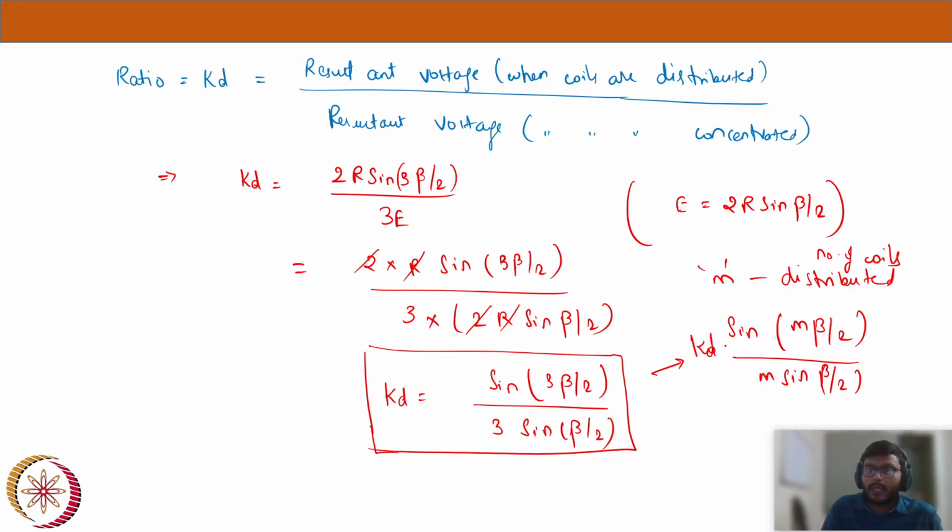This is the generalized formula if there are m number of coils that are distributed, and the beta here will be the angle between two consecutive slots. That's the slot pitch. So this is about the distribution factor KD.